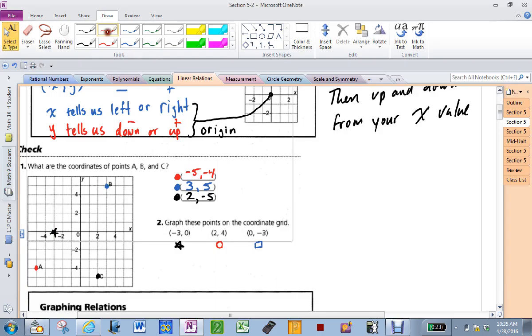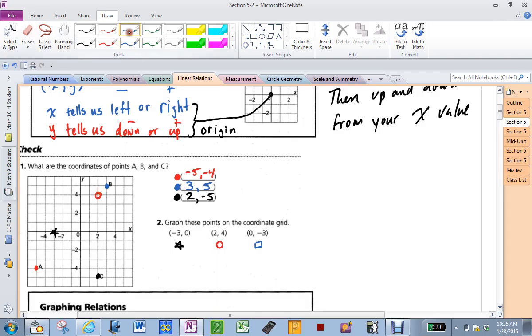Good. Who would like to tell me where I am putting my red circle? I go right 2, and then up 4. 1, 2, 3, 4. Does everyone have a red circle up there? Excellent.